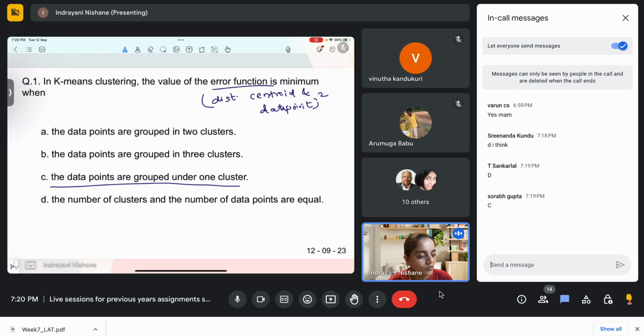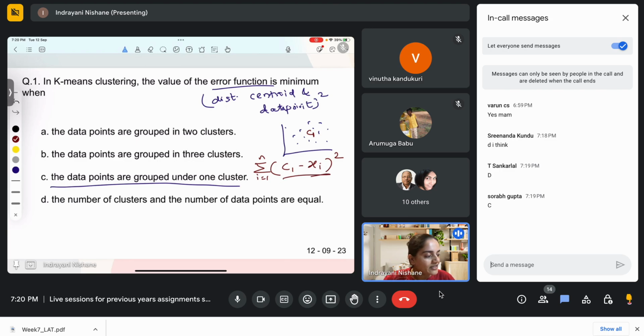Option C says data points are grouped under 1 cluster. So all these data points will belong to this one cluster with centroid C1. The error function is the distance between centroid and data point, so C1 and xi squared, and we have to sum it for all the data points in our data set.